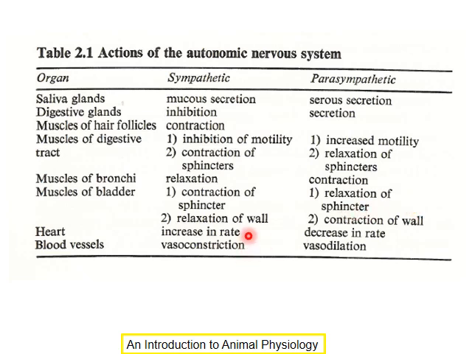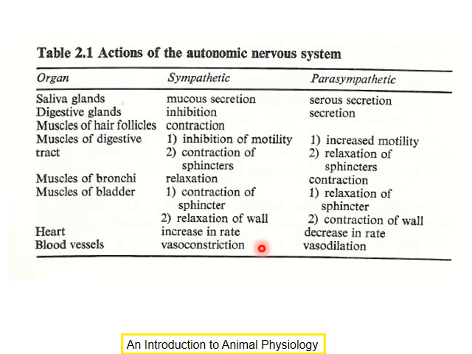Sympathetic is going to lead to an increased heart rate, parasympathetic a decrease. Vasoconstriction usually refers to the blood in the skin, but there are other places in the body where we don't waste blood when we're in a fight or flight situation, the sympathetic response.